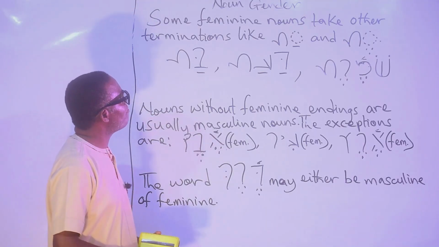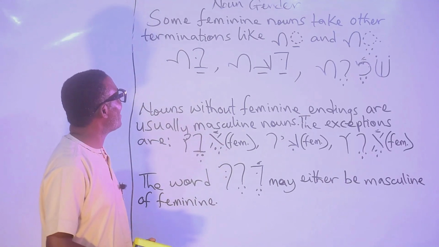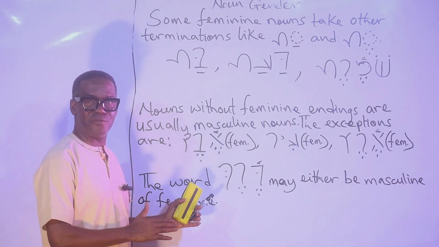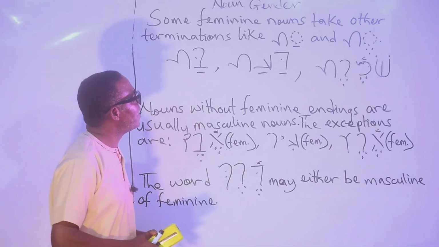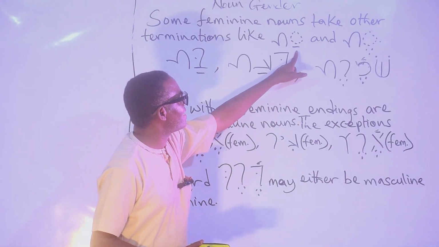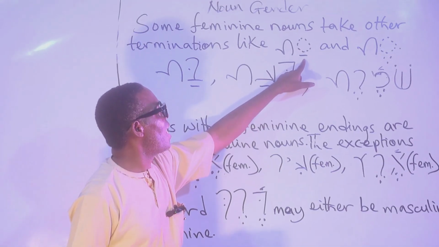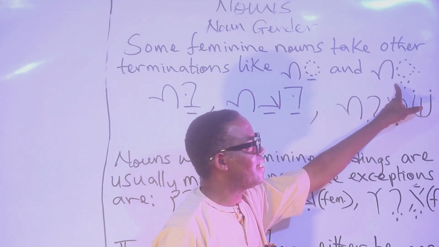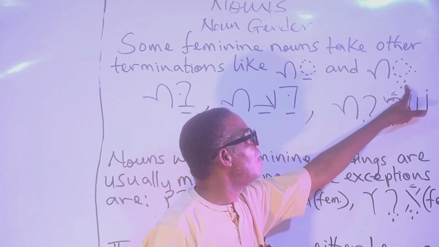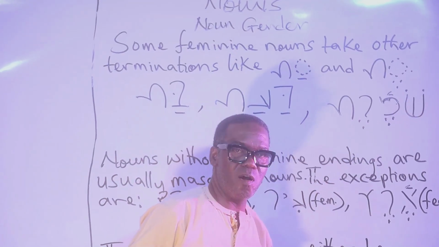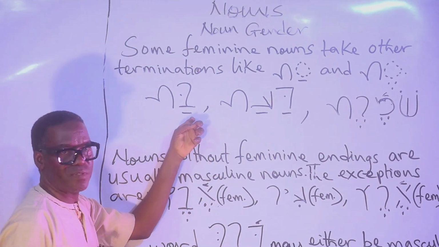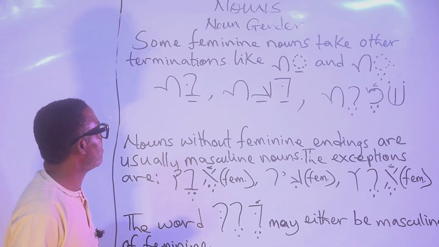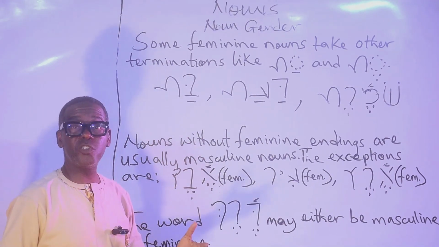All right. Some feminine nouns take other terminations apart from the one that I've shown you. The other terminations are at, this is pata and this is ta, and et, this is segol and this is ta. We have examples like the word bat, that is the word for daughter.